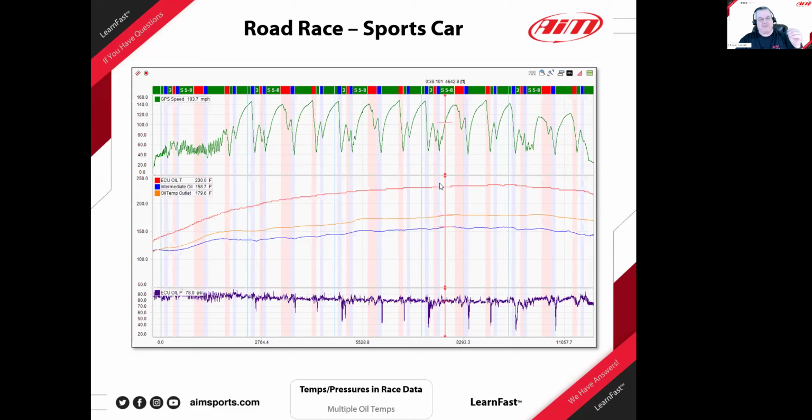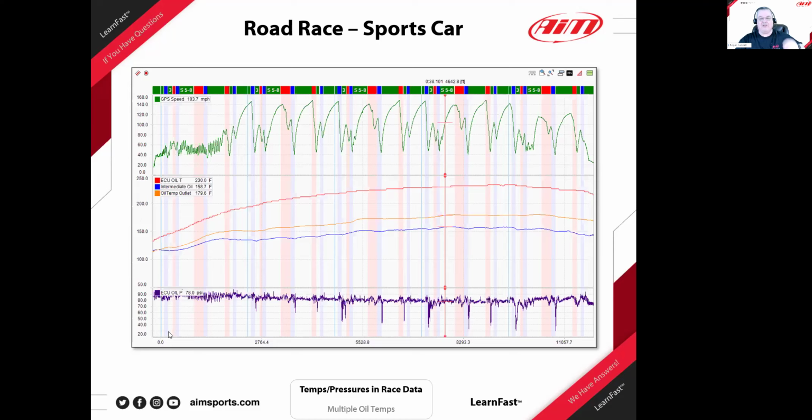The ECU oil temp is typically pretty close to the block, the oil that's inside the engine at the time. Then you've got an oil temp outlet, which in this case is after a cooler or something, and then there's an intermediate oil, which is probably coming out of a second cooler or getting ready to drop back into the engine.